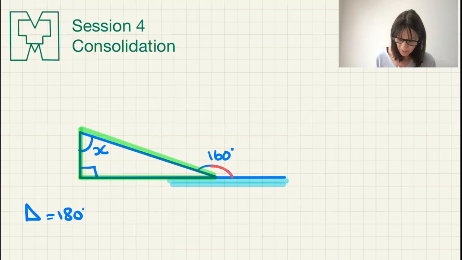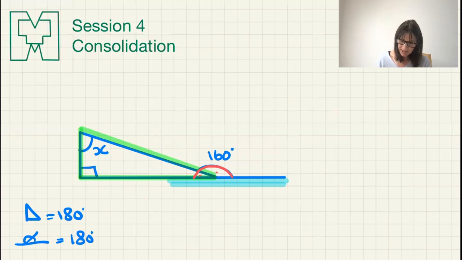So that angle plus that angle, which is inside the triangle, but it doesn't matter. It's still these two angles. They make the half moon. They have to equal 180. So I've also got a straight line, which I know is 180 degrees.